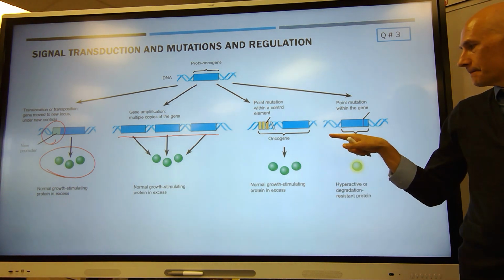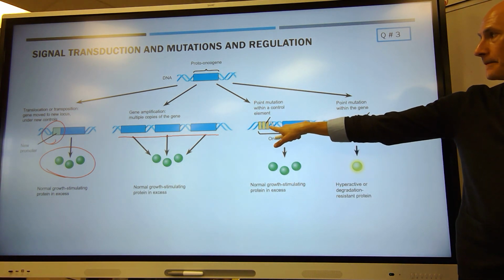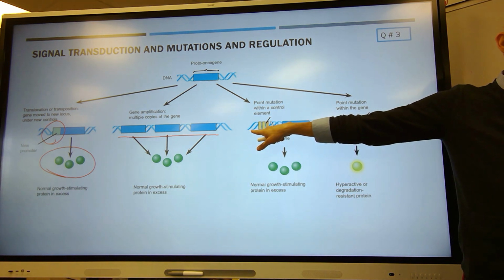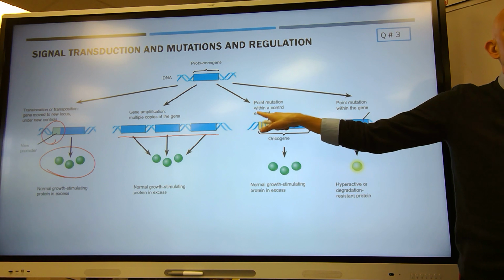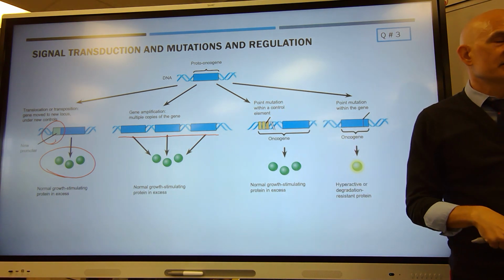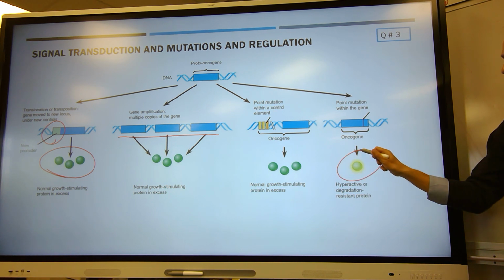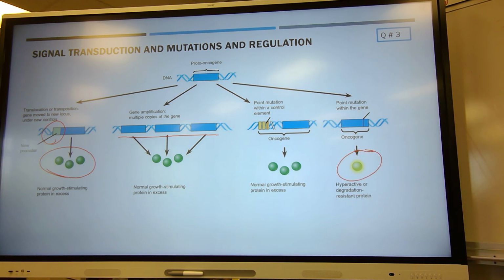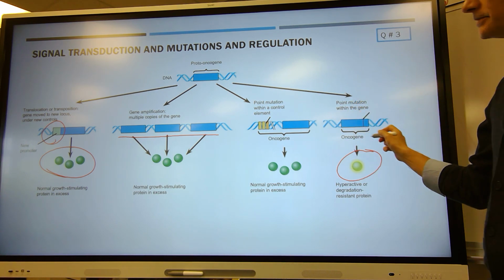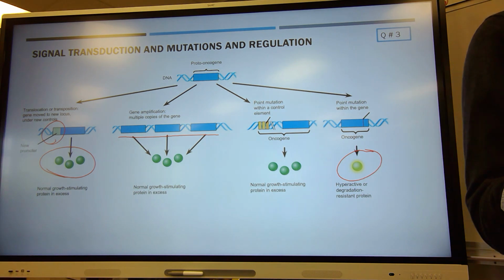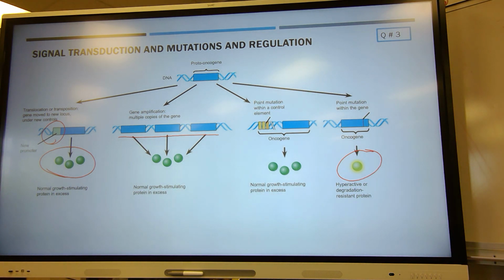Or you get some point mutation farther upstream, which controls transcription, and then the transcription is happening faster and more often, or you get a hyperactive or long-lasting protein due to some mutation. All of these things increase growth factors and increase cell stimulation, which then causes the cell cycle to go out of balance.